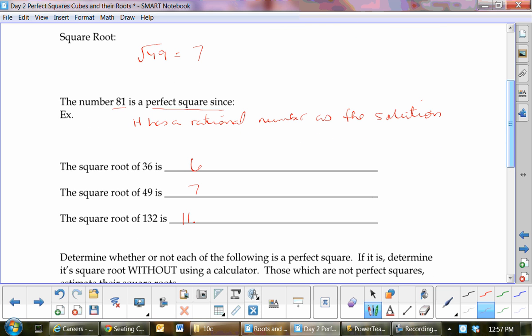So we have this example. It's 11.48912529... Now this is not perfect, exactly. So this is not perfect. So to us, perfect is going to be terminating.